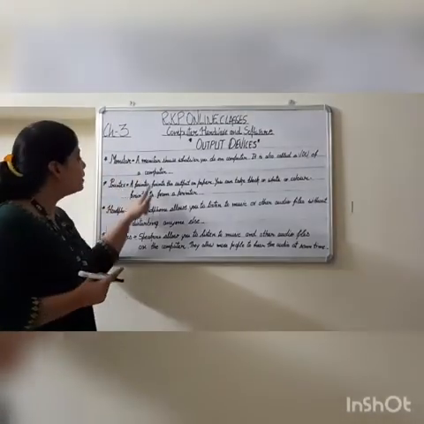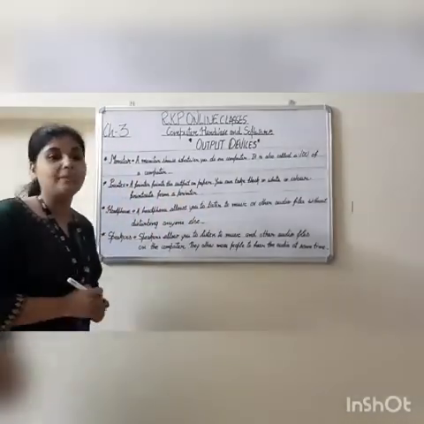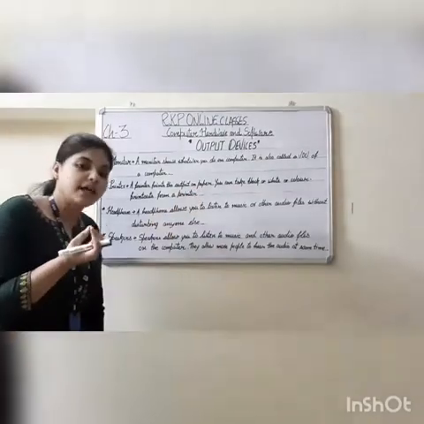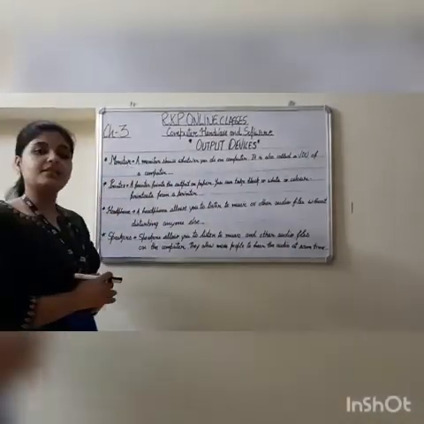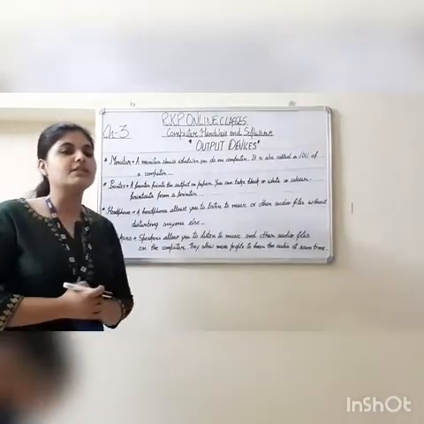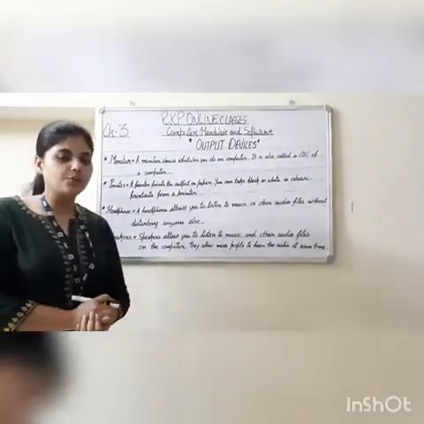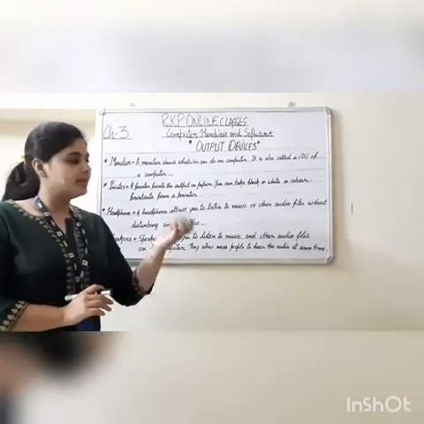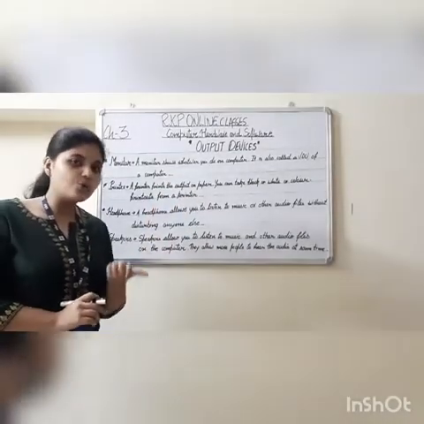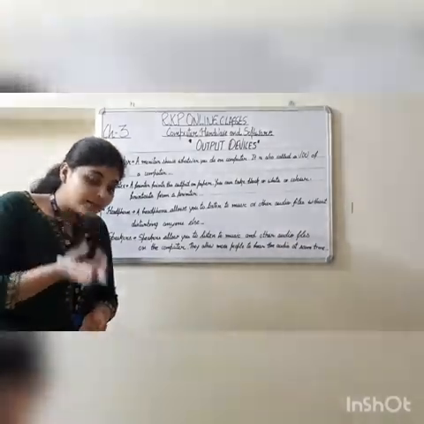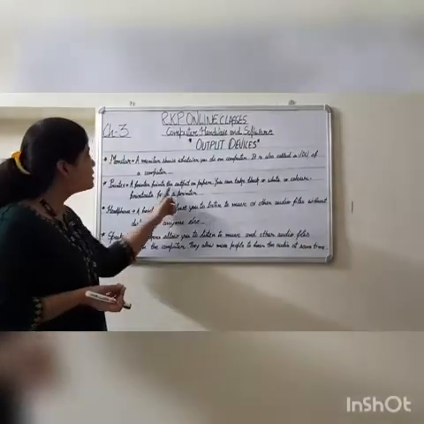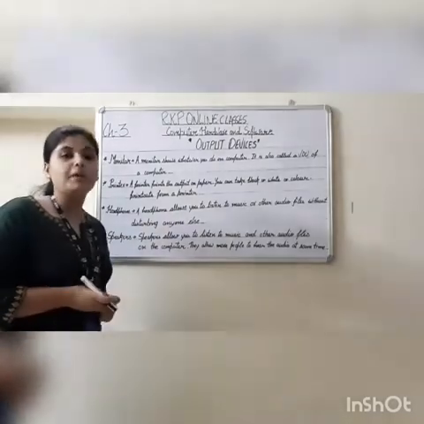But a printer prints the output on paper, and we can touch that paper. Suppose I have made a drawing on the computer system, and if I give the print command Ctrl+P, then a printout of that document will come out, and I can touch that copy, that paper.